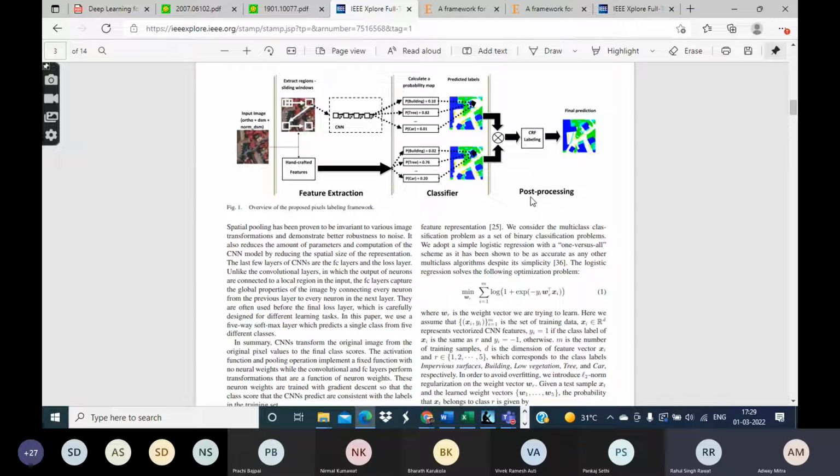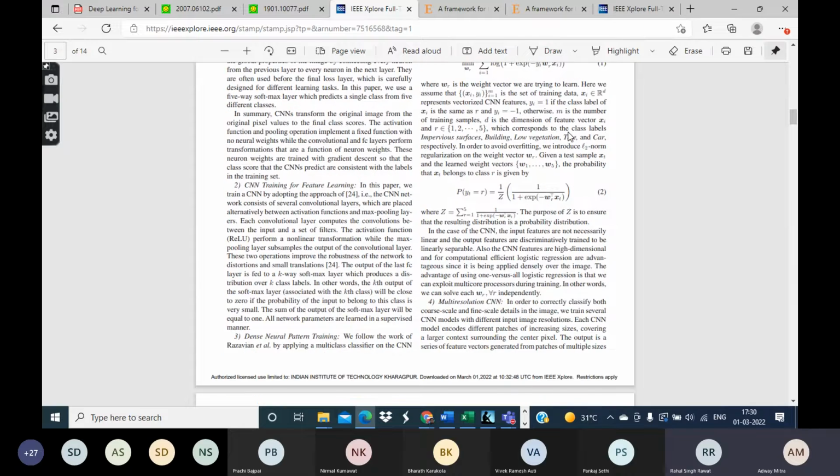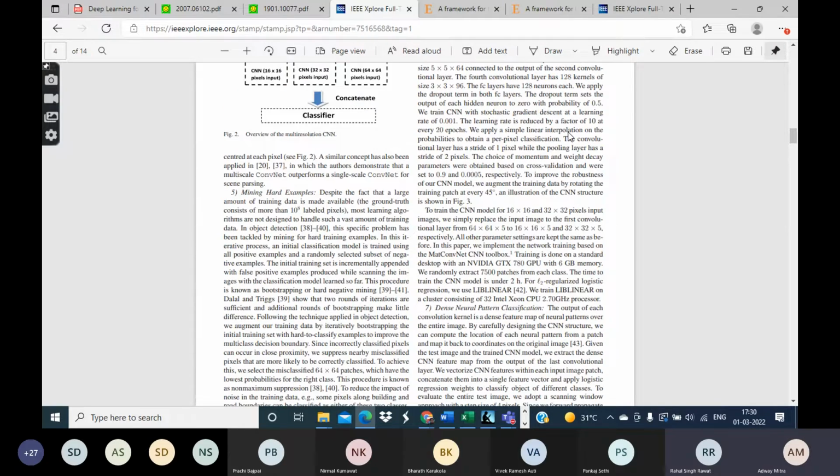This CRF has a property such that whenever two nodes are joined by an edge, it tries to make sure that the nodes joined by the edge have the same value. So if there are two adjacent pixels whose label nodes are connected by an edge, most likely both of them will get the same value. That is what is achieved with the help of the CRF. Okay, so basically that's what they do.